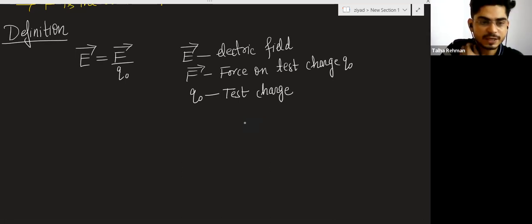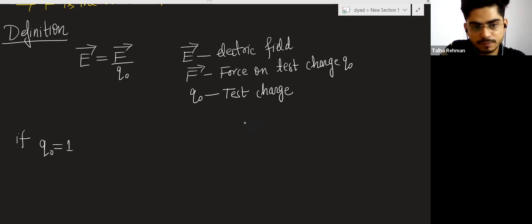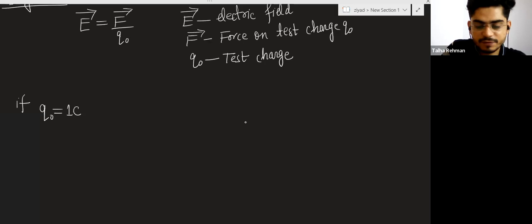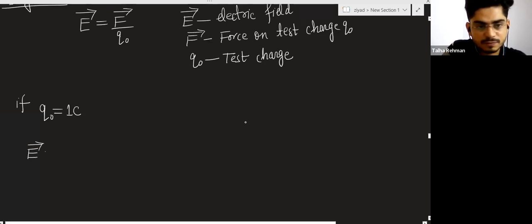So if you are taking the test charge as 1 coulomb, then you can write the electric field is equal to F divided by 1. So means you can write electric field is equal to the force vector.